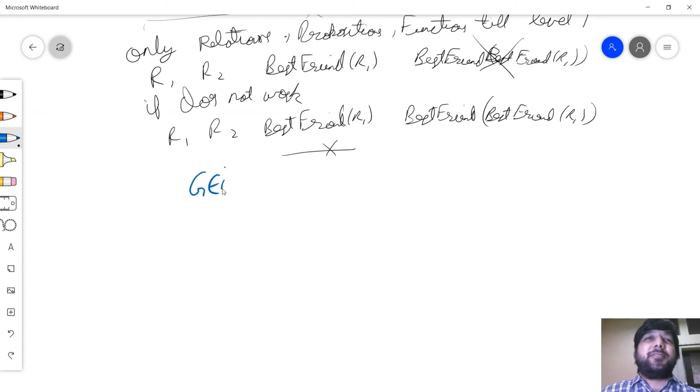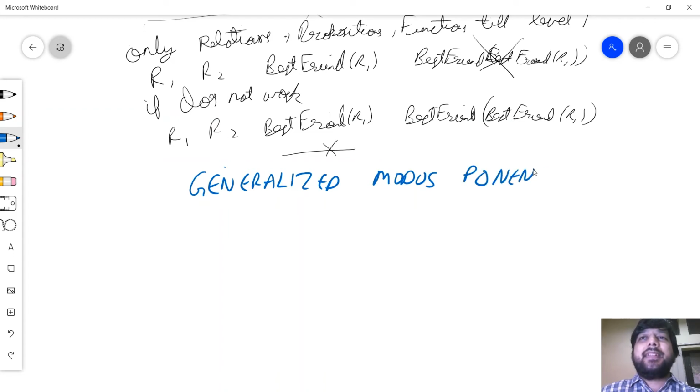So let's go to the modus ponens where we started in zeroth order logic. It's the zeroth order logic modus ponens, which is generalized into first order logic, and therefore let us really do that.